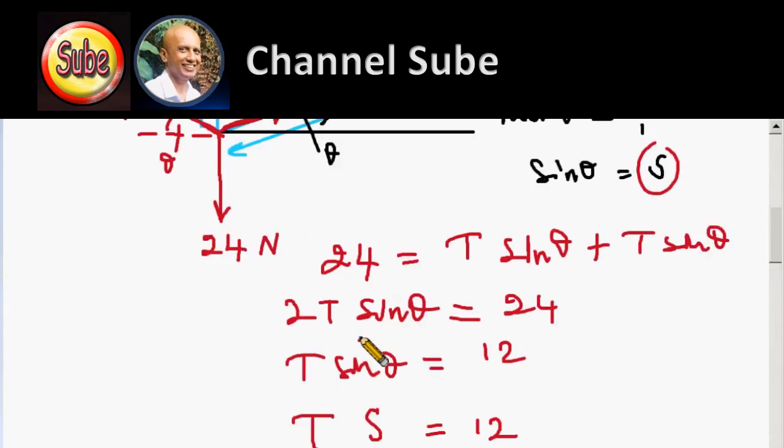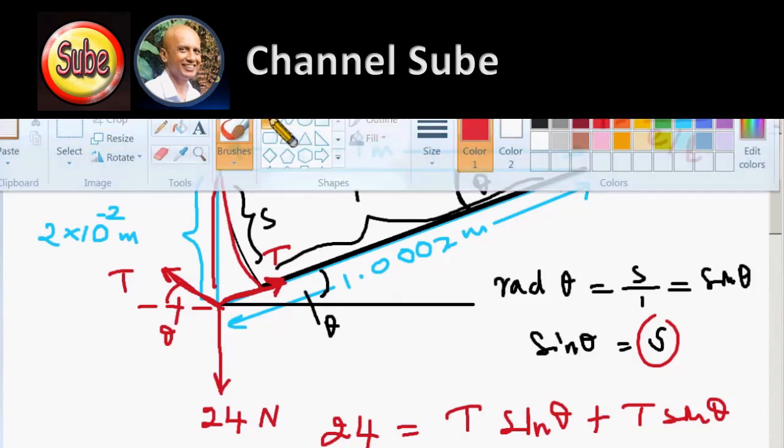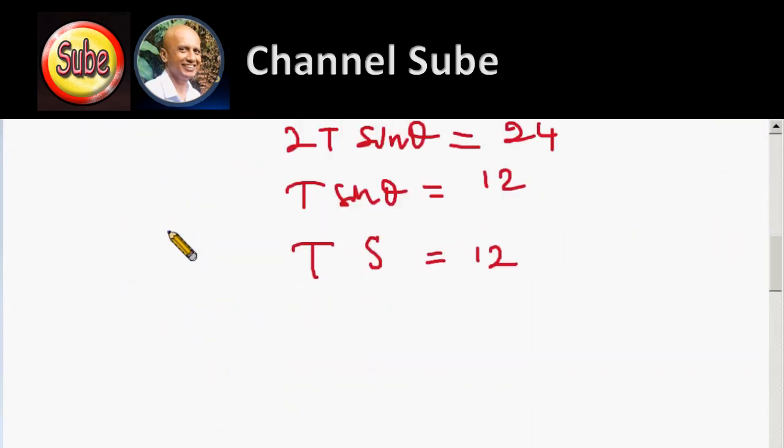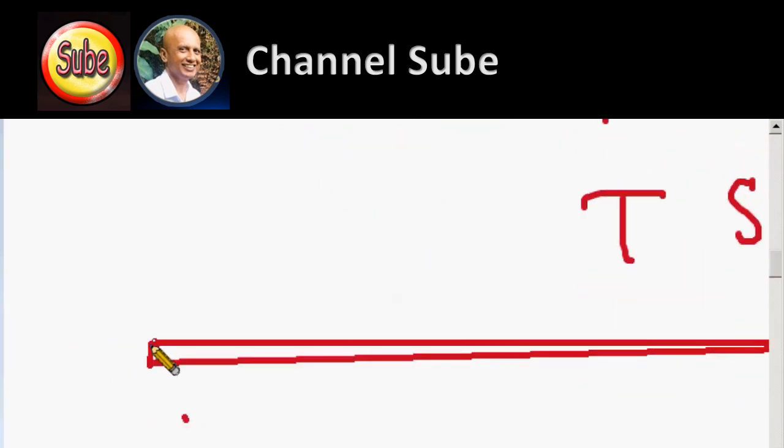Therefore, if we draw the triangle to scale, it will look like this. So here you can't see any difference.